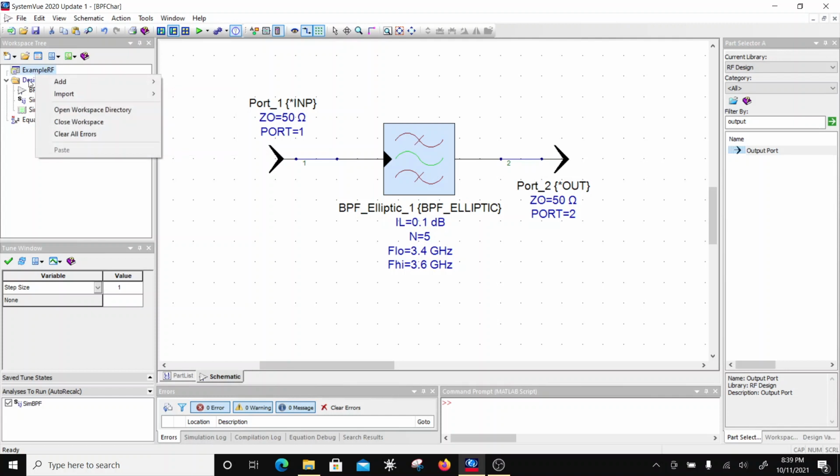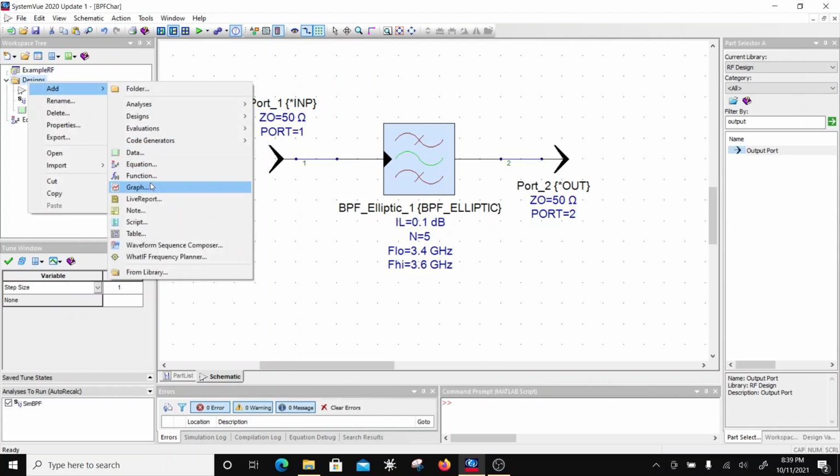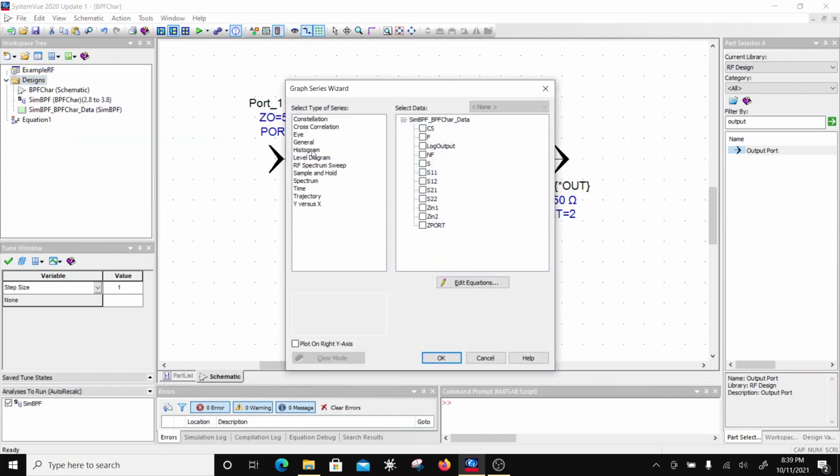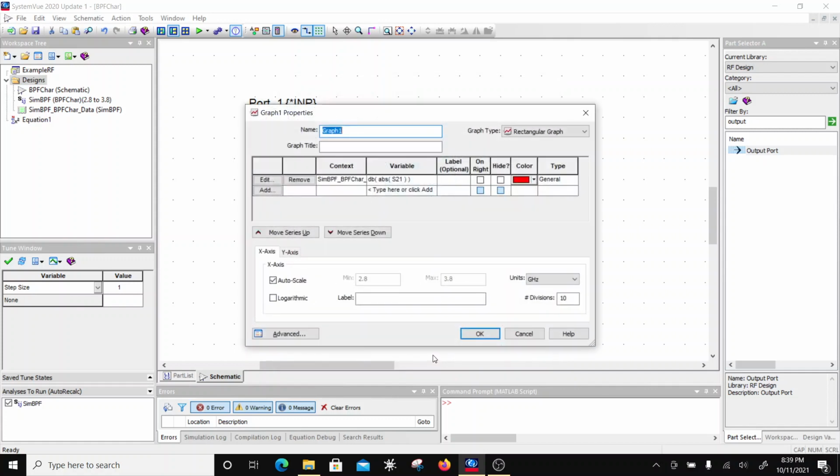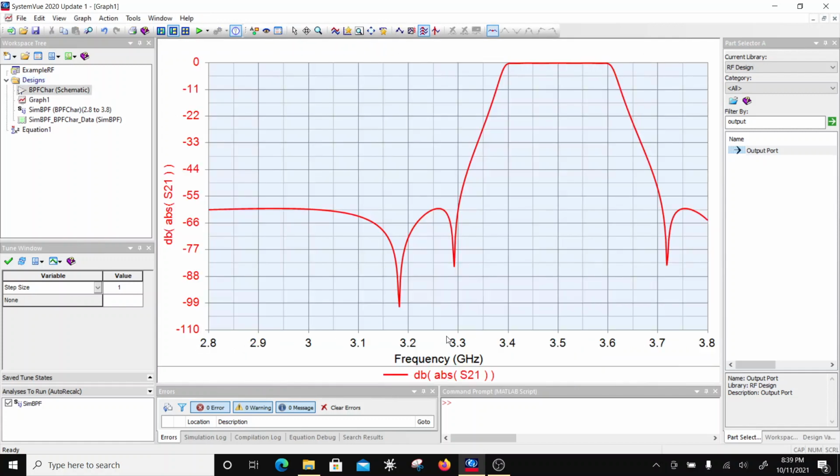We can add a graph. I'll add a graph here, and under general, this is post processing by the way, you have S21. By default it's going to be dB magnitude, but if you want, you can click this one and say OK, and then look at its characteristics.